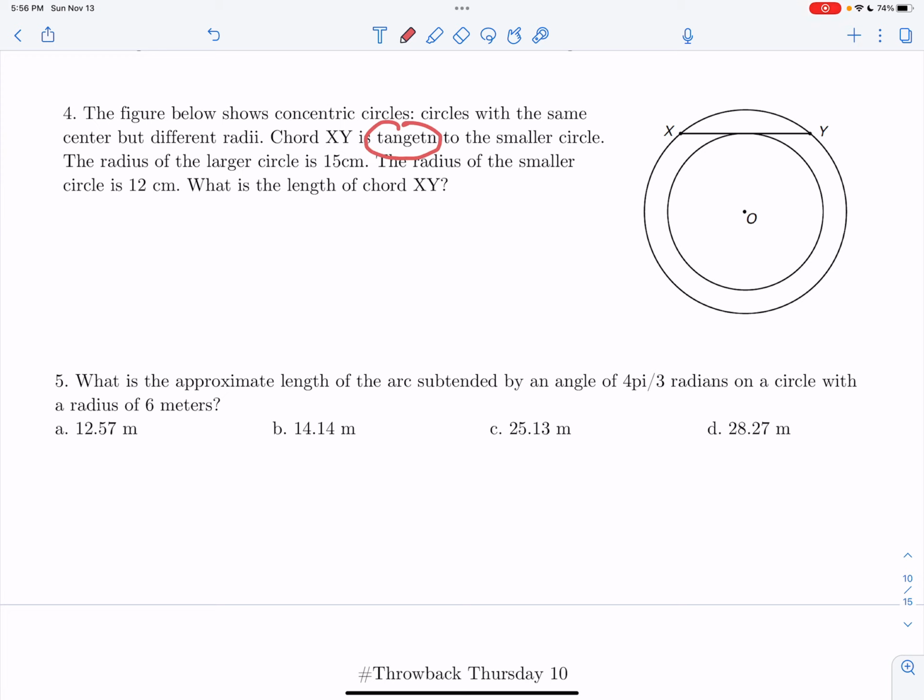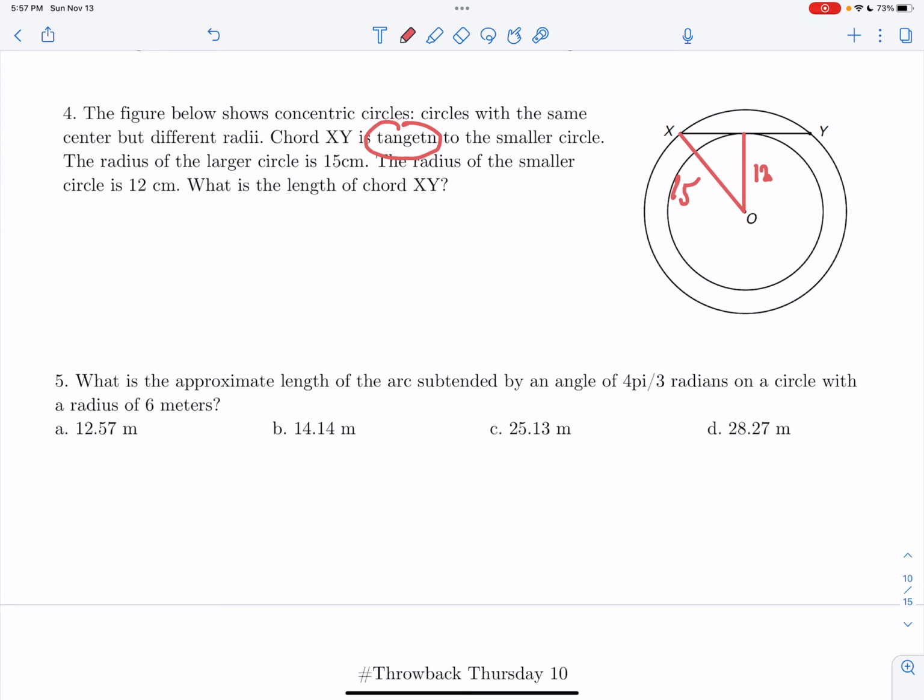Okay, so the radius of the larger circle is 15 centimeters. So from here to here is 15. And the radius of the smaller circle is 12. So from here to here is 12.